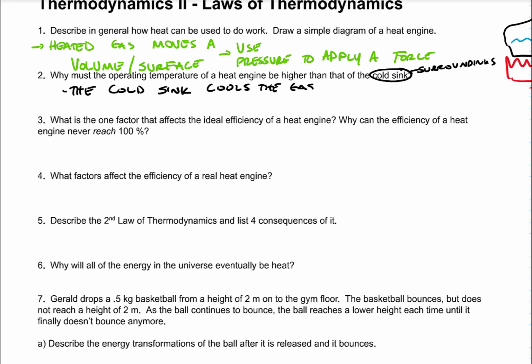So it's to give it a place to put energy and reduce the volume or reduce the pressure. So this heat engine has a high pressure side. We get that high pressure from the hot stuff. And then we need to return it to a lower pressure. That's what the cool sink is for. That's what the surroundings do. They reduce the pressure back down to normal.